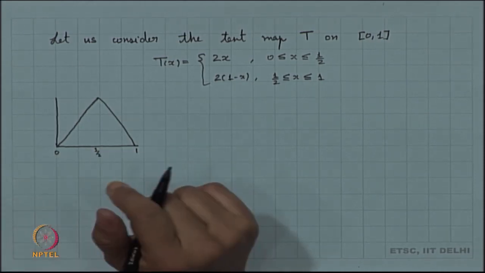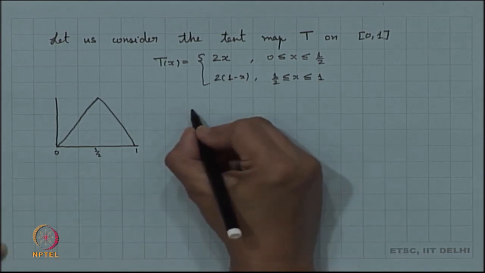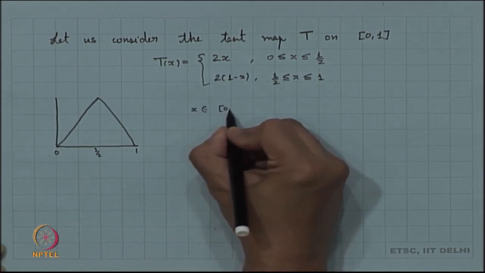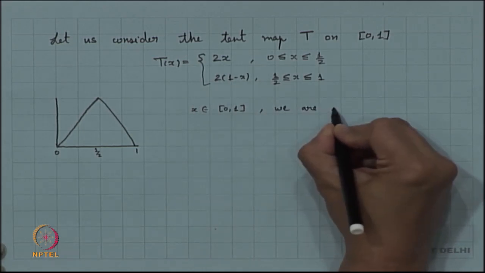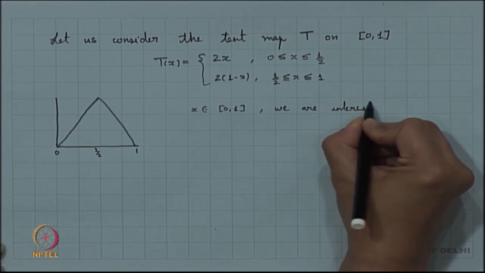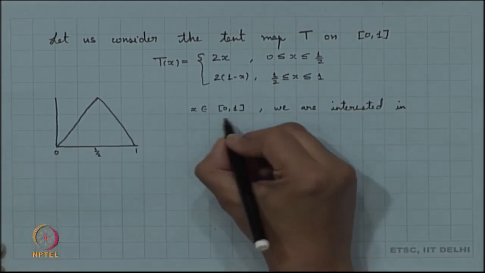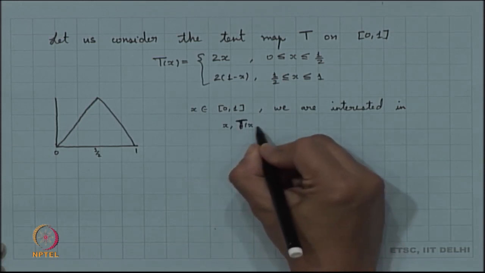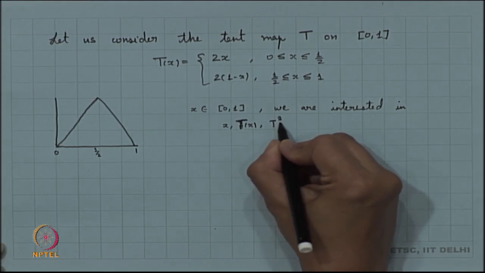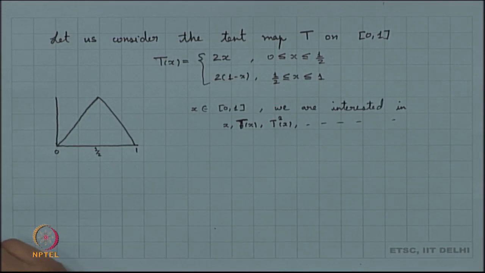Now, what we are doing here is, given any x in [0,1], we are basically interested in the orbit x, T x, T square x and so on. We are interested in this particular orbit.